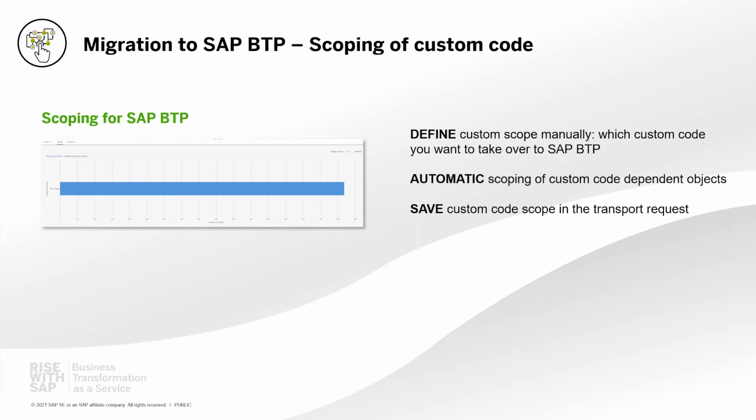And if you find such a custom code application, which from your perspective is a good use case for moving to the cloud, then you can do the scoping and add this application using the custom code migration app. And the app will do the automatic scoping of the custom code dependent objects of such application, and you can save the custom code scope in the transport request.